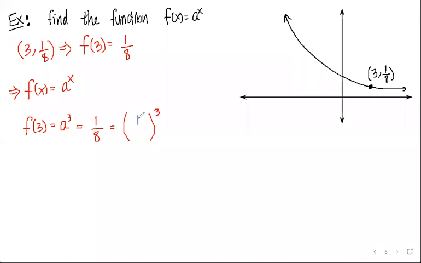So the best number is 1 over 2, because 1 over 2 to the power 3 is 1 over 8. So this means a here equals 1 over 2. So now my function is f of x equal 1 over 2 to the power x.